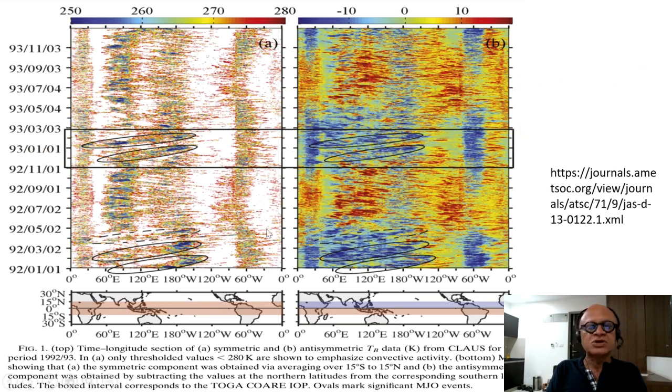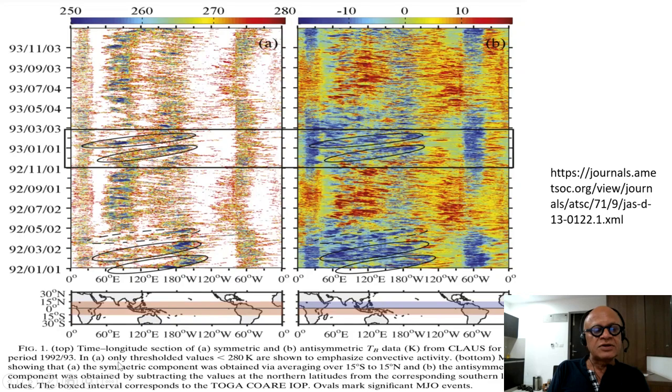This paper showed this nice figure of the time-longitude section of symmetric and antisymmetric cloud top temperature data in Kelvin from Klaus, which is a product of satellite data for 1992-93.